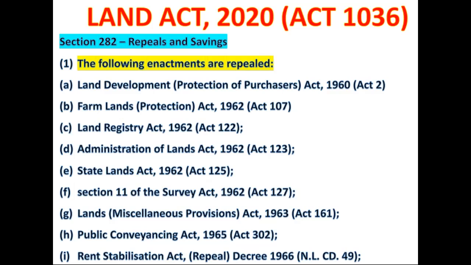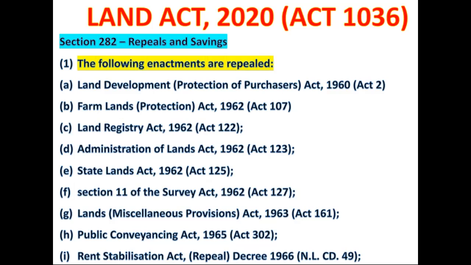And so if you look at section 282, it reads as follows, and I quote, "The following enactments are repealed. A. Land Development Protection of Purchasers Act, 1960, Act 2. B. Farmlands Protection Act, 1962, Act 107. C. Land Registry Act, 1962, Act 122.